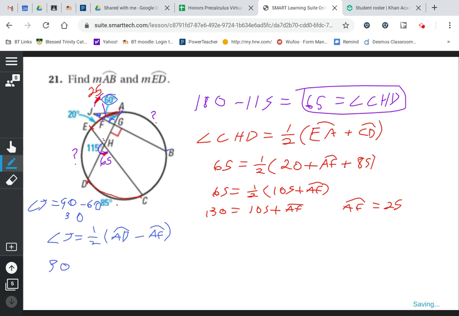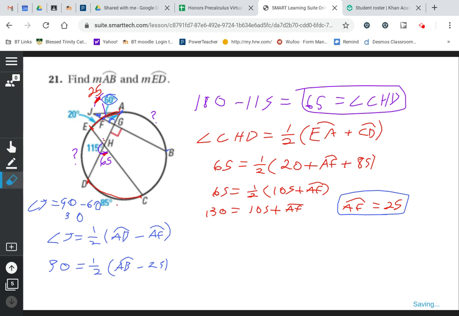So now, look, we have 30 equals, I'm just plugging in values, 1/2 (AB minus AF), which we just found here to be 25. So 30 equals 1/2 (AB minus 25).